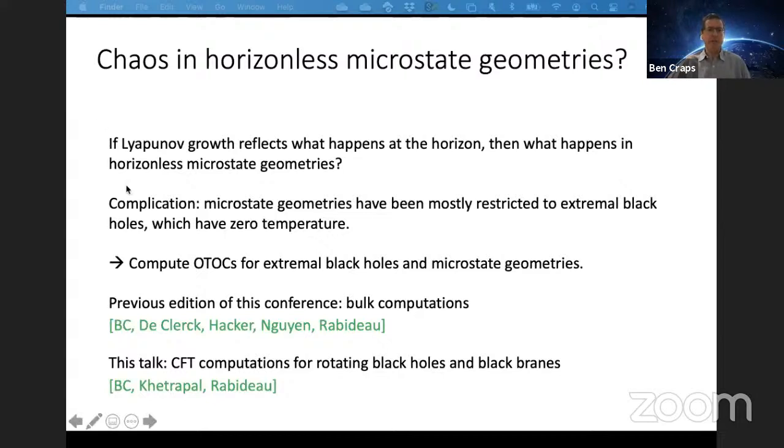Now, a complication that we had to face is that most microstate geometries that have been constructed were for extremal black holes. And those have 0 temperature. And remember that the exponential was determined by the temperature, so that seems to go away. So what we did was to compute out-of-time order correlators for extremal black holes and for associated microstate geometries. As I mentioned, the result I showed at the previous edition of this conference, and now I will zoom in on the CFT origin of it.